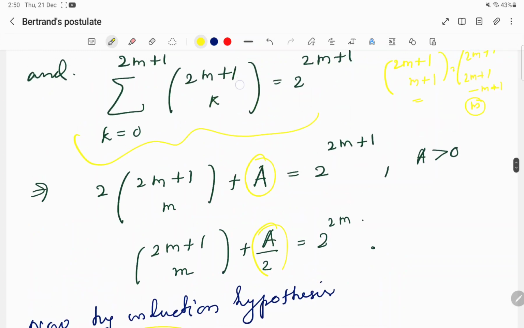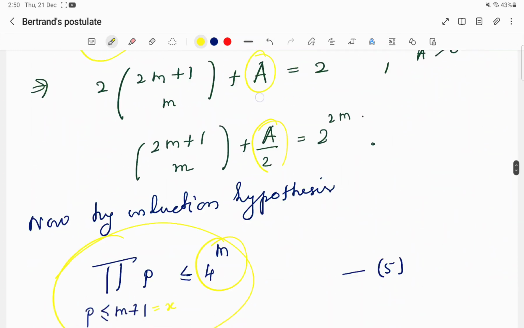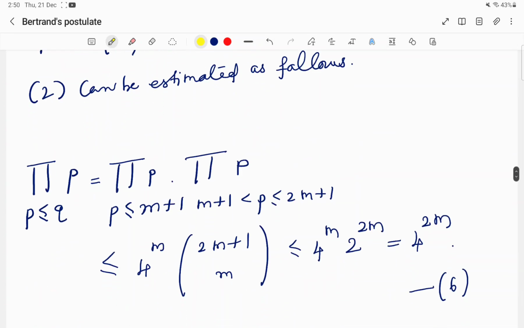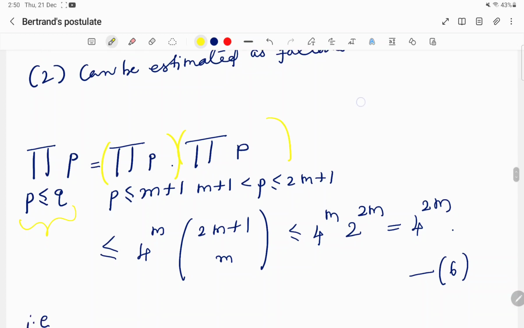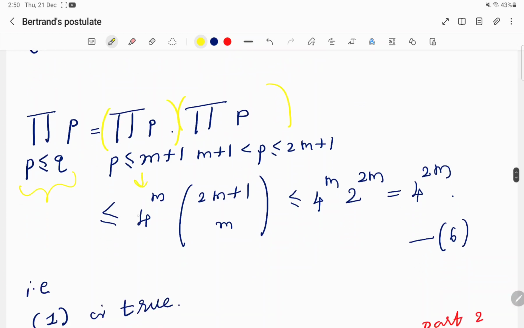Using these three inequalities, we can go back to the original one. The product P is equal to two factors. Now we estimate both. We estimated this one as 4 raised to m. Next one, we first estimated it is less than or equal to 2m plus 1 choose m, then we estimated it is less than 2 raised to 2m.